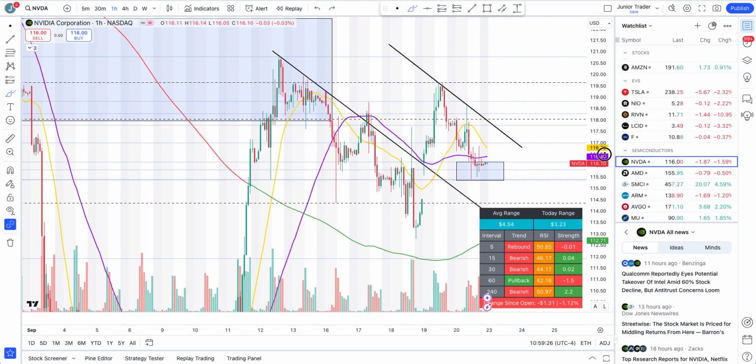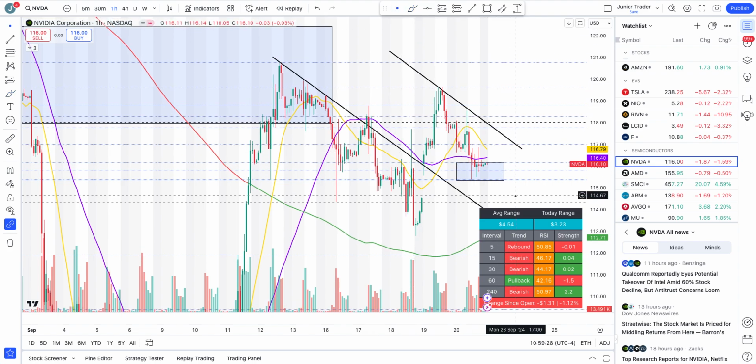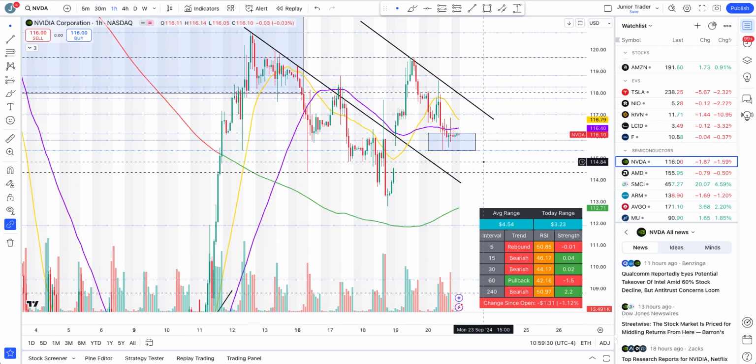But these are the zones to watch on Nvidia. I would say 114.36 is pretty much the make or break level at this point, because on the daily interval it can definitely bring a lot more weakness. This is the last line for the bulls to hold and defend. Otherwise, that will be a problem for the bulls.